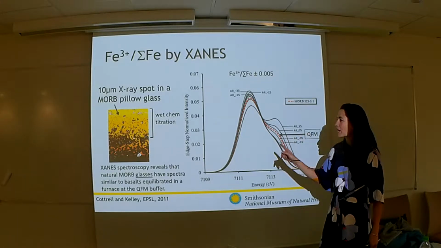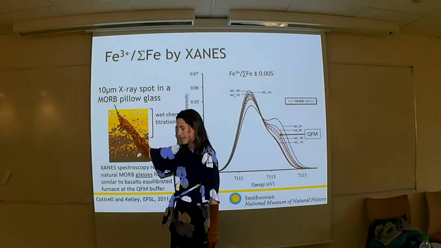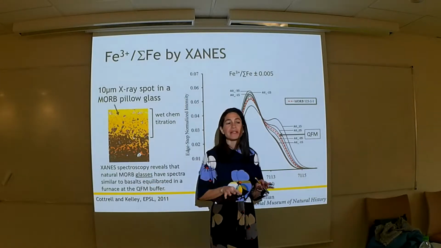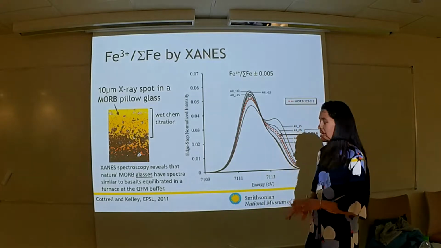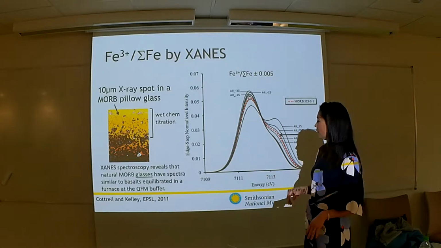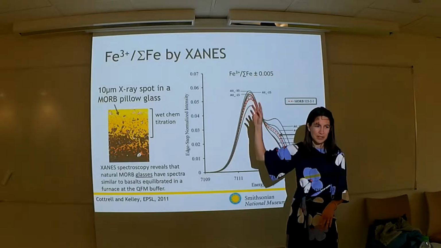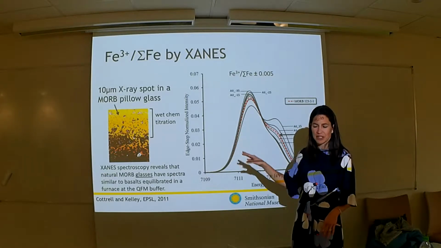So the spectra of the glass is the spectra of experiments that have equilibrated at the QFM buffer, independent of what the 3+ total ratio is. The spectra look like the QFM buffer.